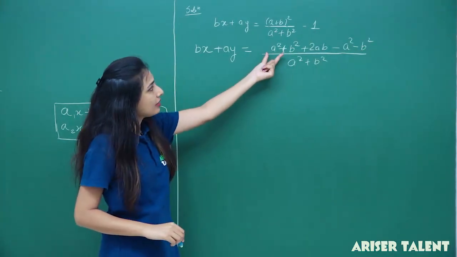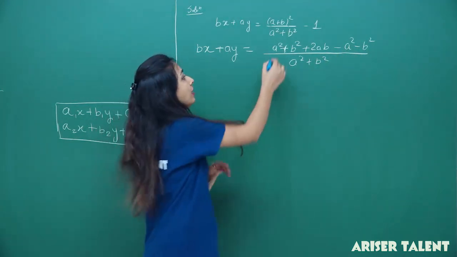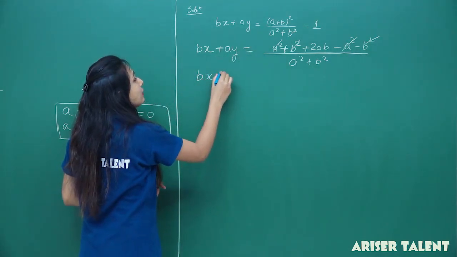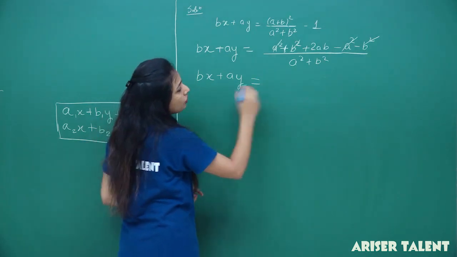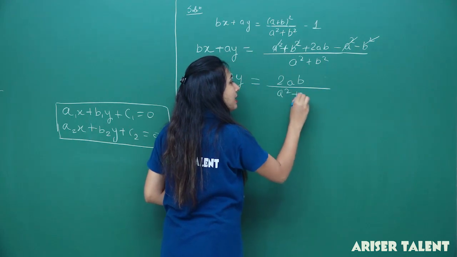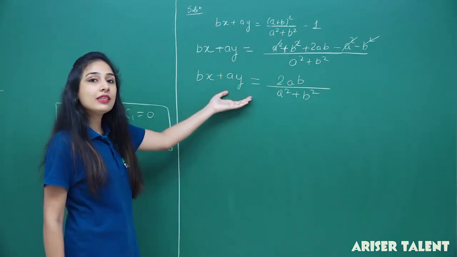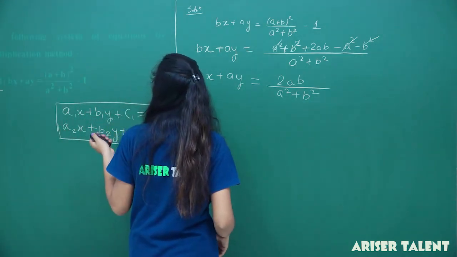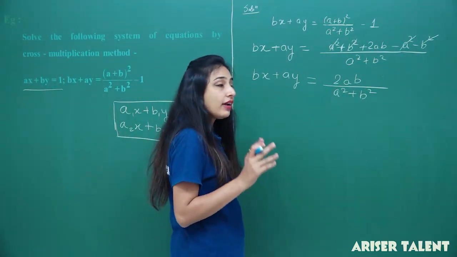Now can I cancel this a square plus b square with this minus a square and minus b square? Just cancel that. Okay, then bx plus ay equals what, students? That equals 2ab upon a square plus b square. Right, now this is our second equation. What we are having as equation 1, which is given, is ax plus by equals 1.